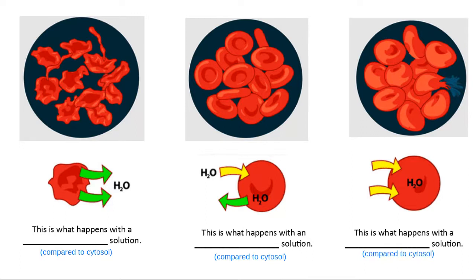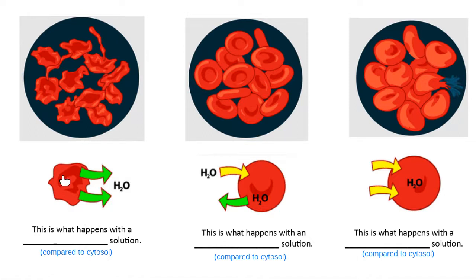When we are looking at these solutions, notice in my picture over here, this first solution, I've got my cytosol inside the cell, and I've got my fluid on the outside of the cell. Water is leaving the cell. So the cytosol must have more water than the stuff that's on the outside of the cell.